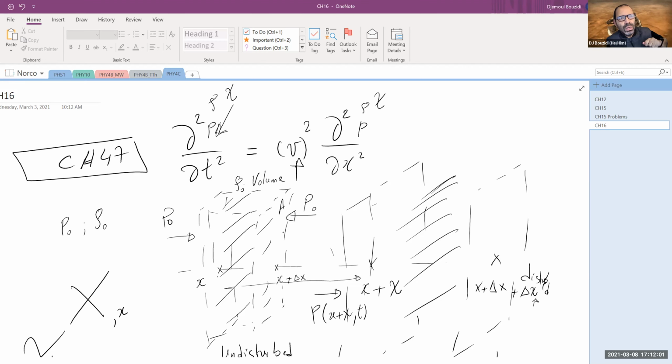The same thing happens with a mass on a string, when you create waves on it, and the wave goes to the other side and is reflected.